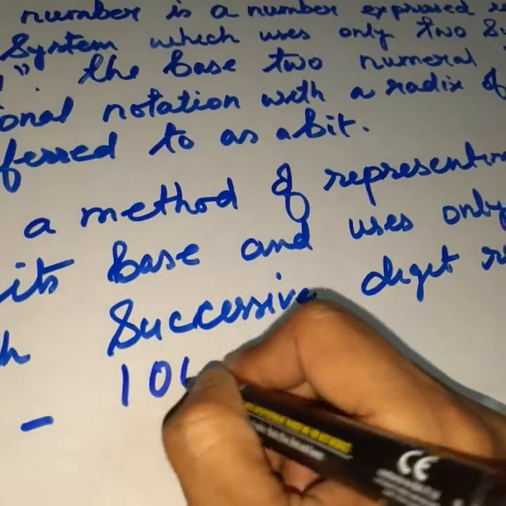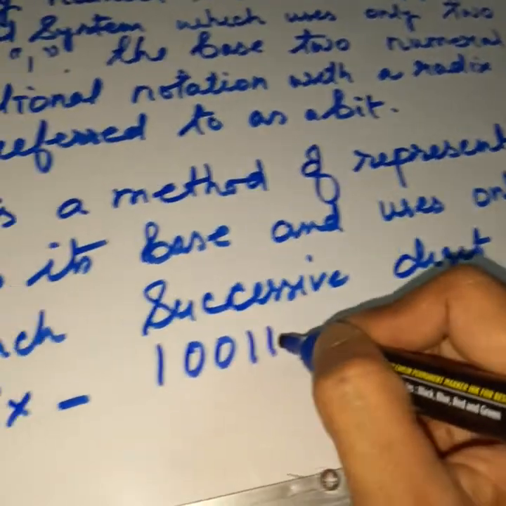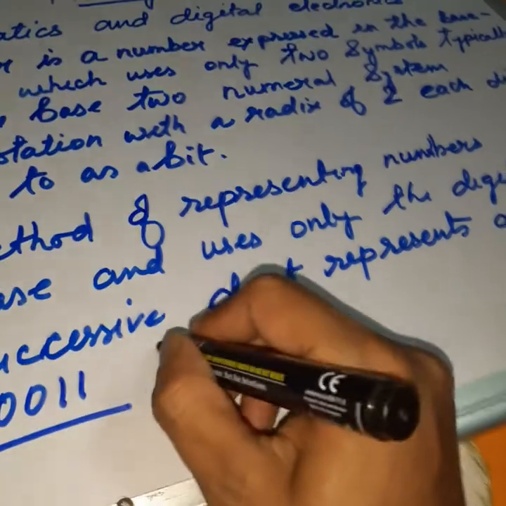Now, example: 1 0 0 1 1. If we go for this binary number, what will be there?